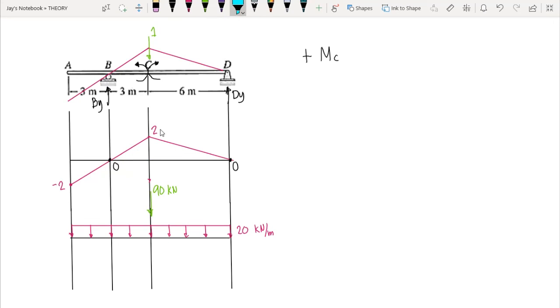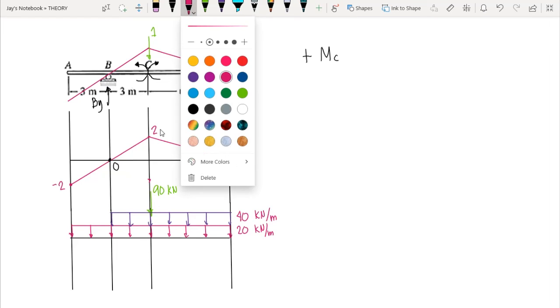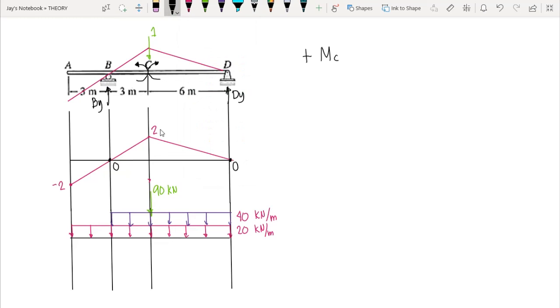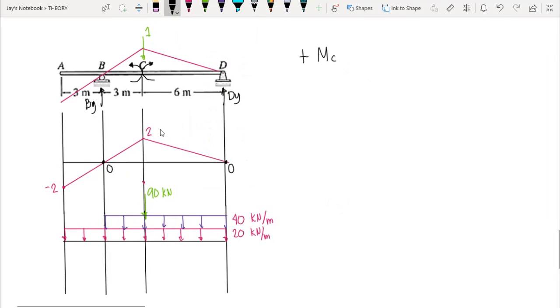So that means we place our uniformly distributed live load between B and D. So we have from B to D as the location of our live load 40 kilonewton per meter. So we have to compute the moment due to each load. For 90, we have 90 times 2. This would give us 180 kilonewton meter.